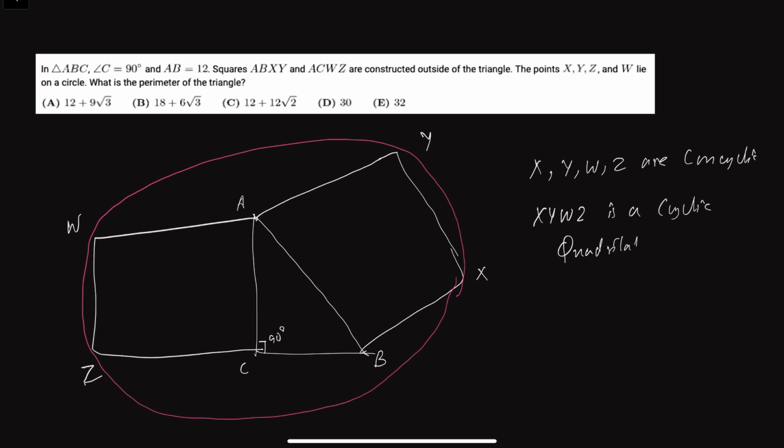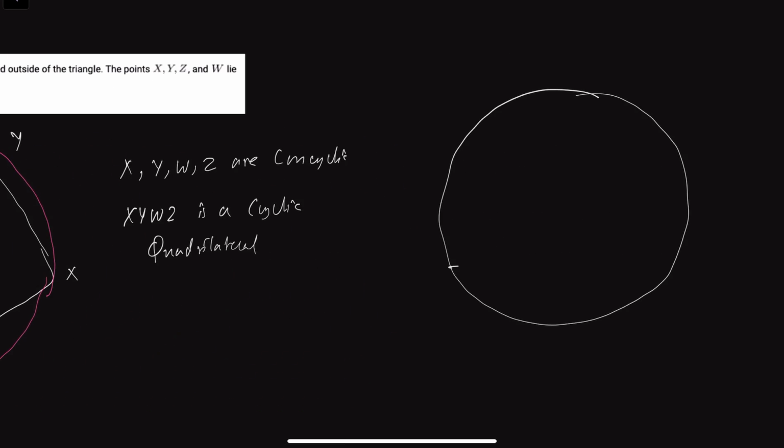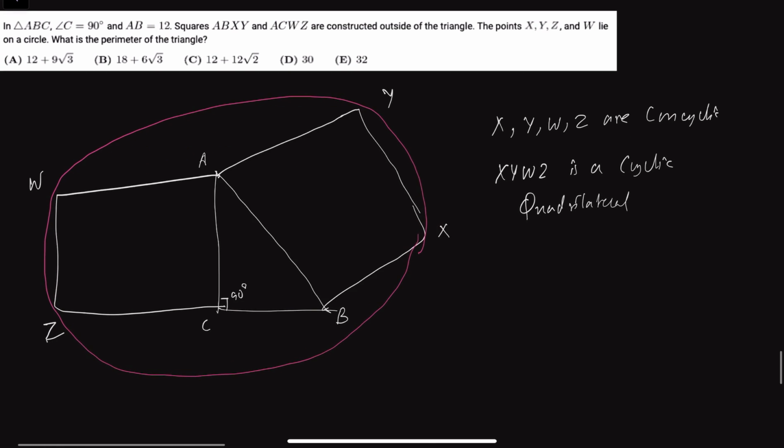Now in a circle, if we take a chord, on one side it makes an angle theta, and on the other side of the circle it will make an angle of 180 minus theta. That's why in a cyclic quadrilateral the sum of opposite angles is 180 degrees.